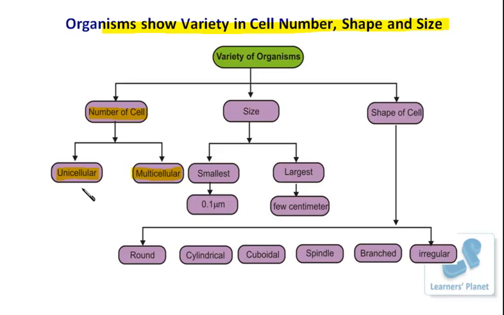But one thing is very important: all these functions taking place in multicellular organisms work in a coordinated manner. Now, what do we mean by this coordinated manner? It is that they all are working in an interdependent way. Right? So in multicellular organisms, the number of cells is more than one, and these cells function in very different patterns so as to maintain the life of an organism. Examples are very clear: plants and animals, they all are multicellular organisms.